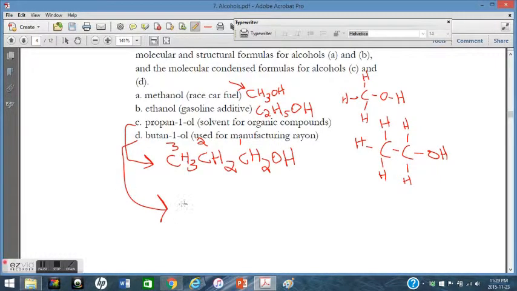Butan-1-ol, similar idea, CH3, CH2, CH2, CH2, and finally ending with an OH. Lovely.